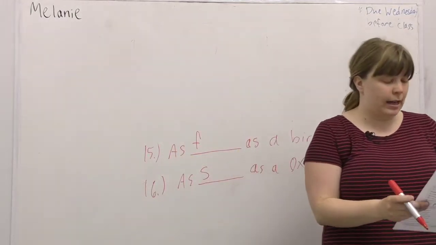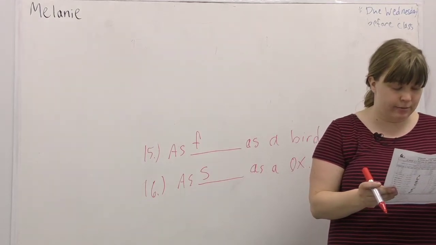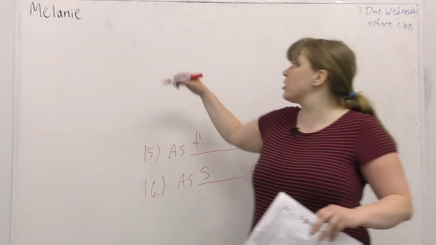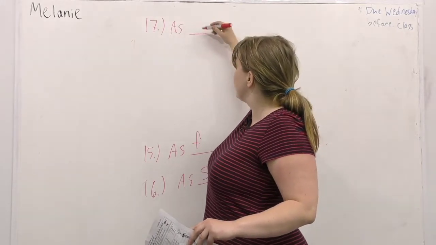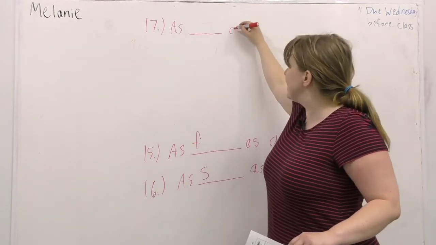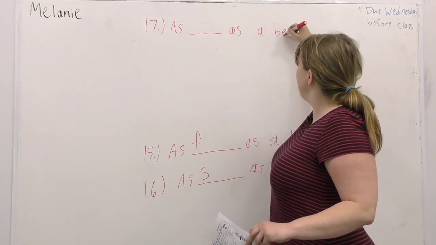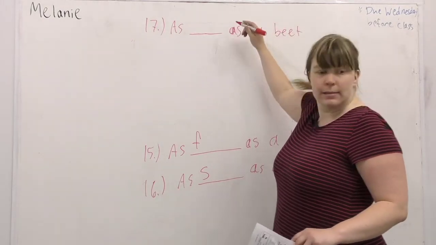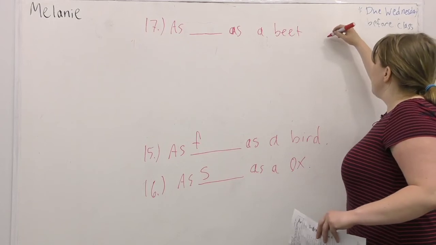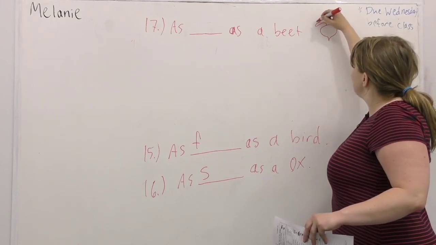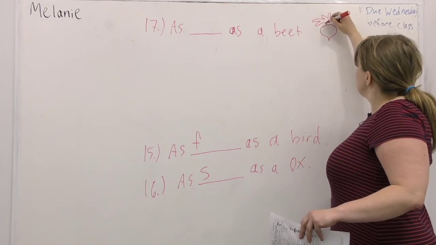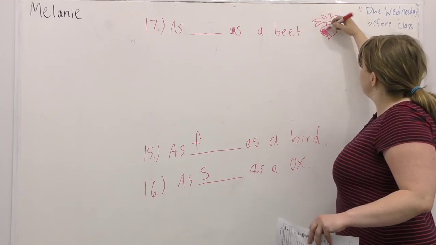All right, what else do we have? Oh, okay, this is another one I didn't teach you, unfortunately. There's so many similes, it's hard to teach all of them in one day. As a beet. Okay. You guys, not sure if you know what a beet is, but it's a vegetable, and typically it's red.